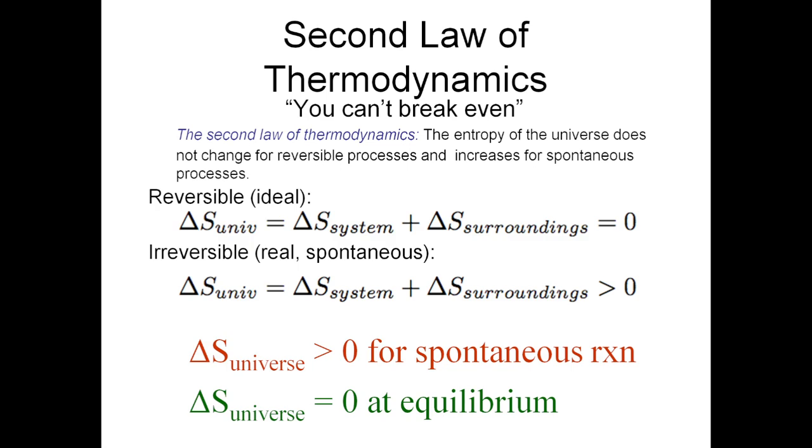What I mean by ideal is if there's no friction involved, if the machine or the organism is 100% efficient in how it operates. If, say, a machine was able to take 100% of the energy it was given and use it for 100% of that value in work, then that would be an ideal reversible process.